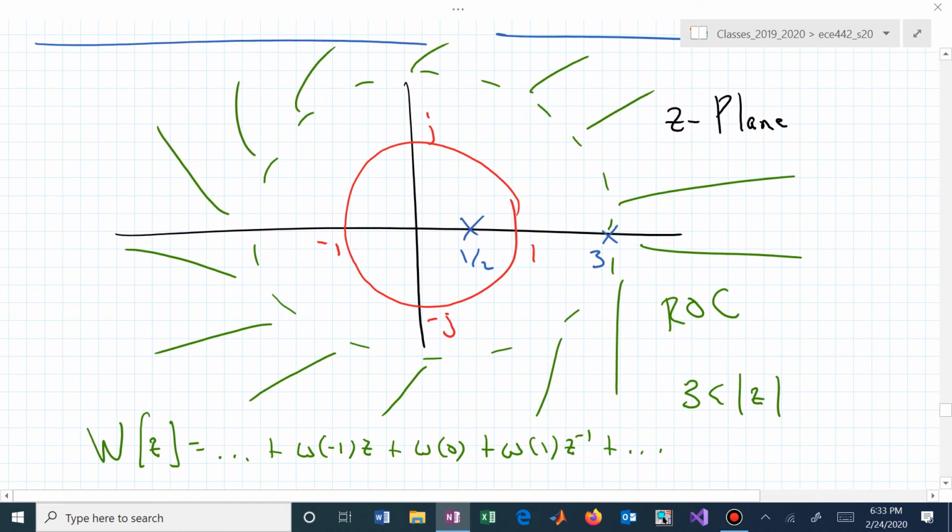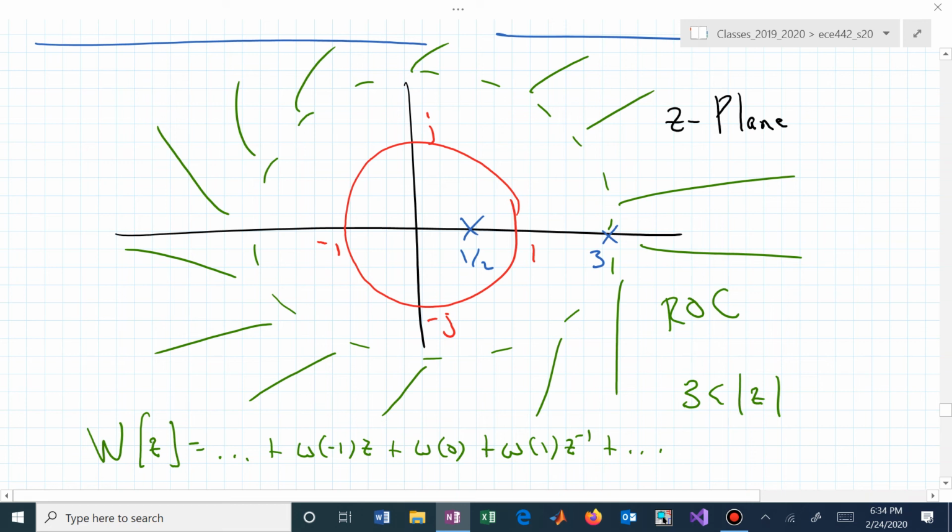So now, if this is the picture for our time domain sequence, or we're given frequency domain information, we're given the poles and we're given the region of convergence. From that information, can we tell anything about the little n that this little w of n is defined for?